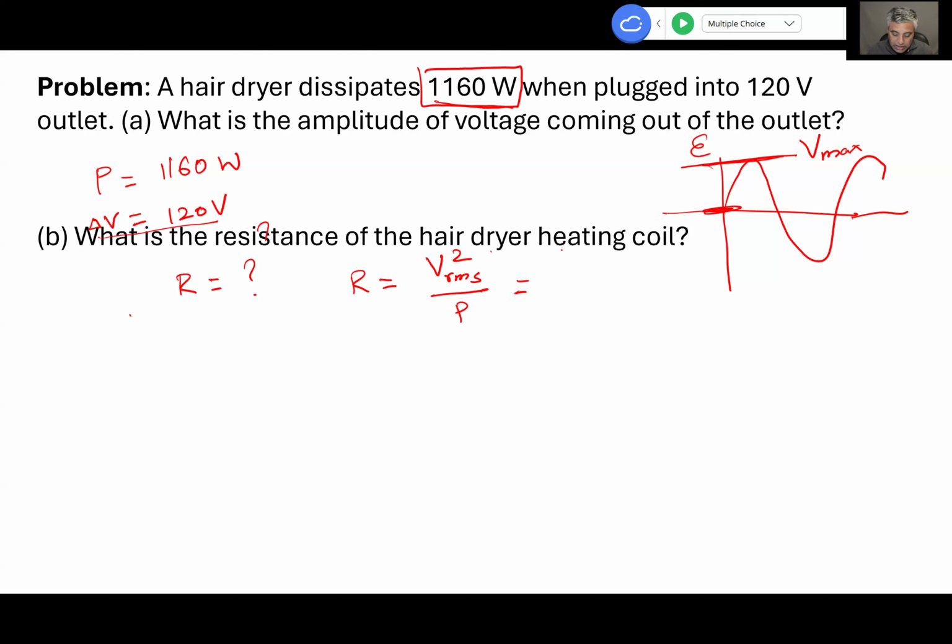So R is 120 squared over the power, 1160 watts. That's going to give you the resistance. It's going to be a lot less than what we had for a light bulb, which was around 144 ohms. So it's going to be around 10 times less.